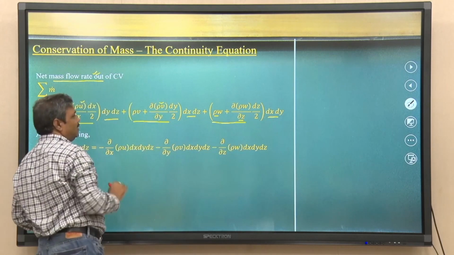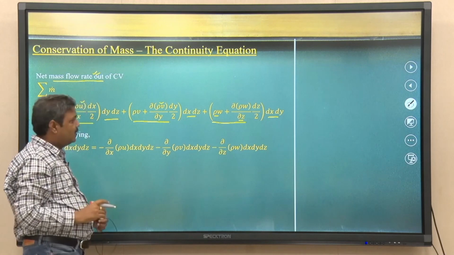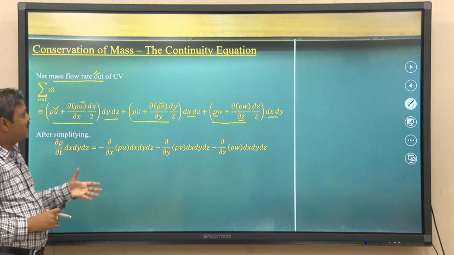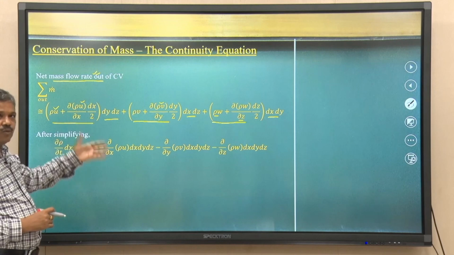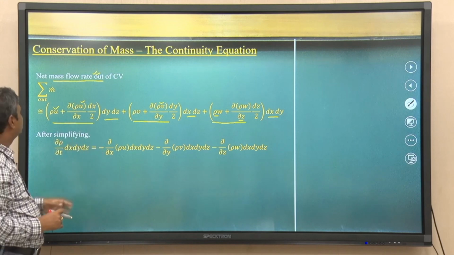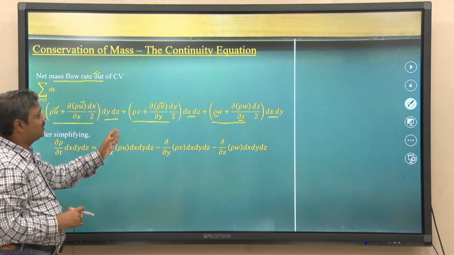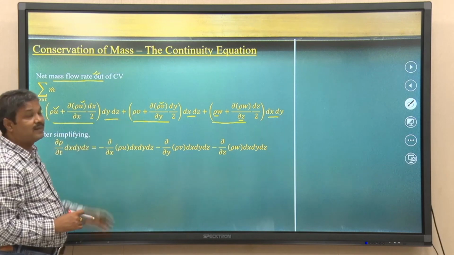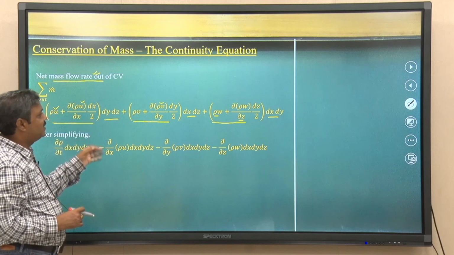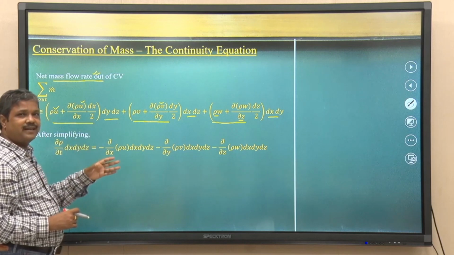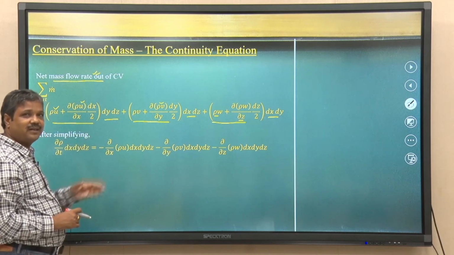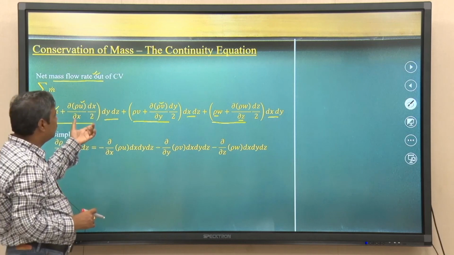To visualize it, the mass flux going out from the control volume is at a distance of dx by 2, dy by 2 and dz by 2 in the x, y, z directions respectively, measured from the centroid.